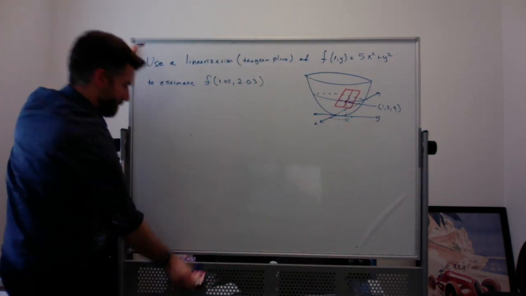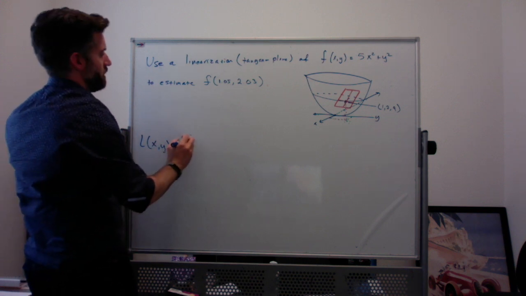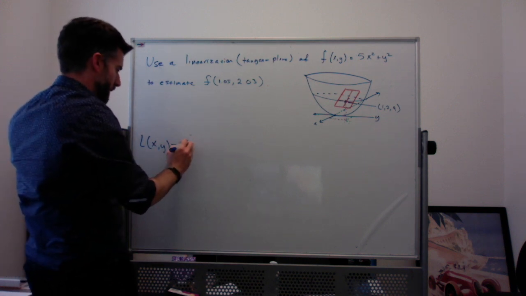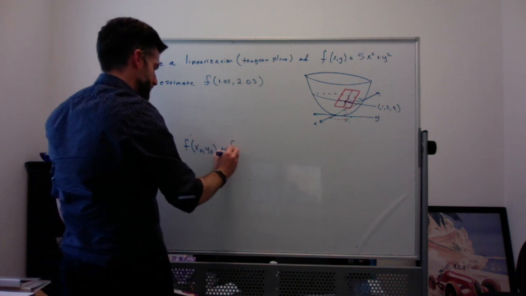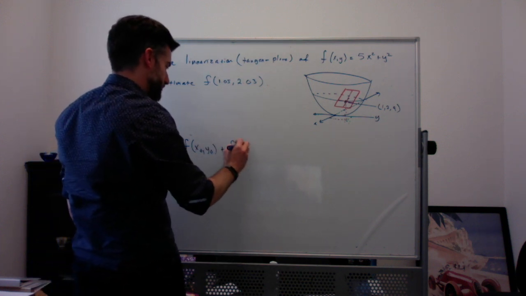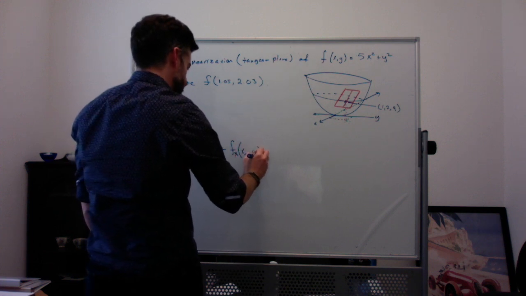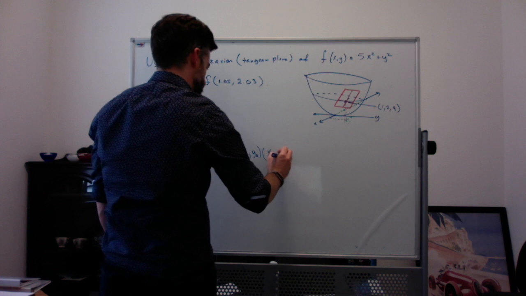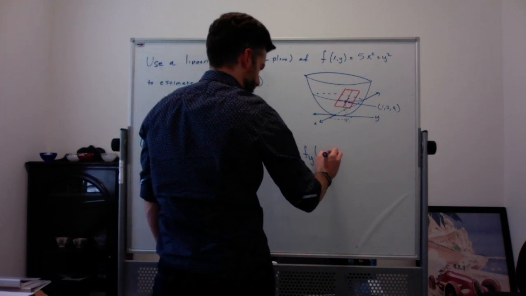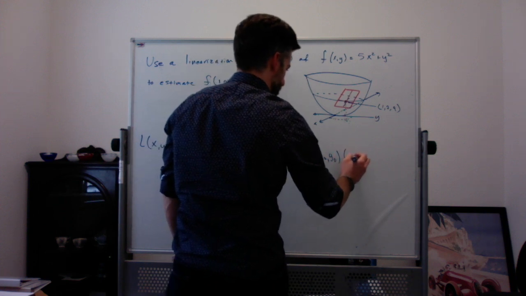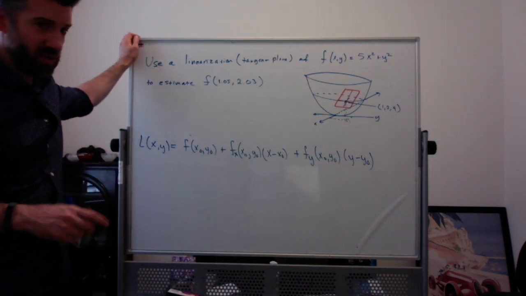L of x, y equals f of x naught, y naught plus the partial with respect to x evaluated at the point times x minus x naught plus the partial with respect to y evaluated at x naught, y naught times y minus y naught.